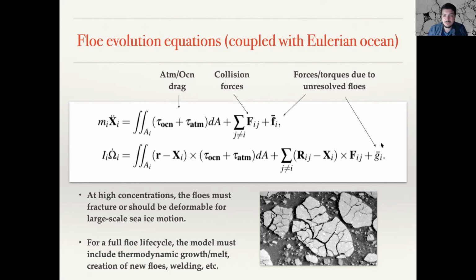In addition, we make it possible to take into account unobserved floes, because the idea is that just like in ocean turbulence or atmospheric turbulence, you have a set of eddies or floes with certain scales that you do resolve, and then you have a whole bunch of scales that you do not resolve, and those unresolved floes statistically will provide some impact on those floes that you do resolve. So we leave the opportunity here to get this interaction going.